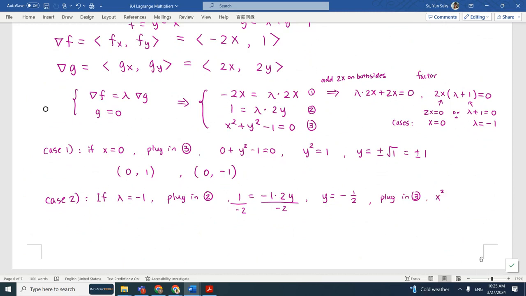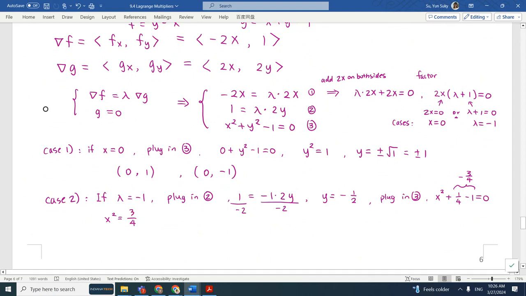X squared stays here. But what happened to the y squared? What is (-1/2) squared? Yes, just 1/4. Is everybody okay? And then we also have subtract 1 is 0. What is 1/4 minus 1? Yeah, -3/4. If we move this to the other side, we get 3/4.